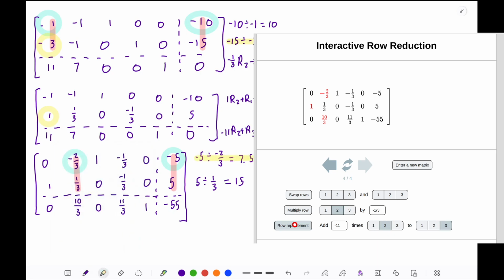That's the smallest positive. So that means this is our pivot entry. So to make that into a 1, we take negative 3/2, row 1, replace row 1. Negative 3/2, row 1, multiply.